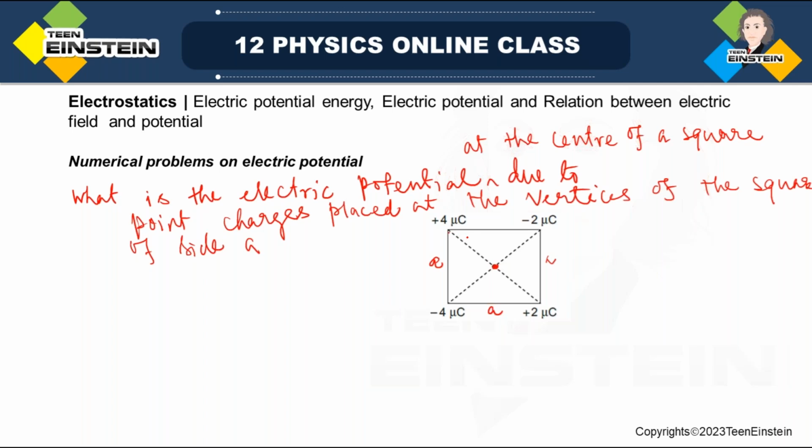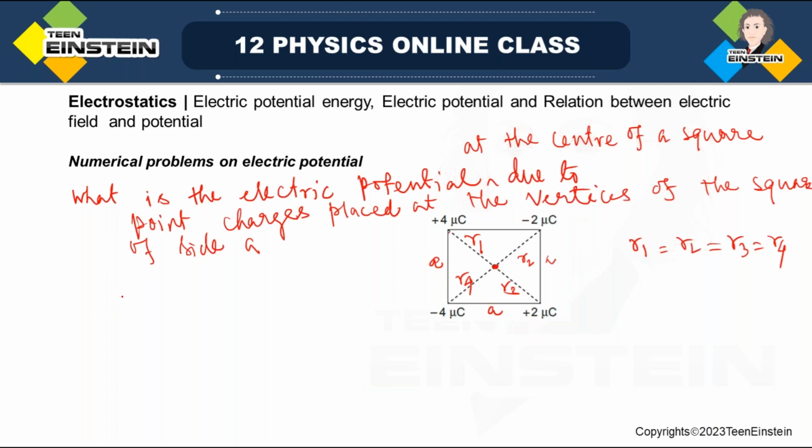Suppose this distance is R1, this is R2, this is R3, this is R4. All these R1, R2, R3 and R4 are equal from the center.